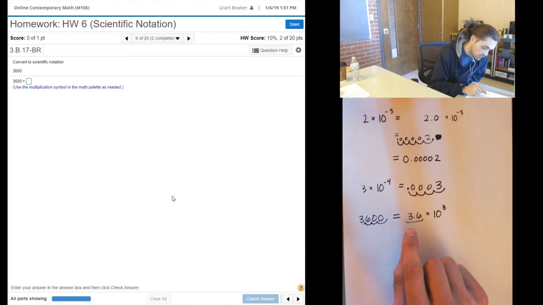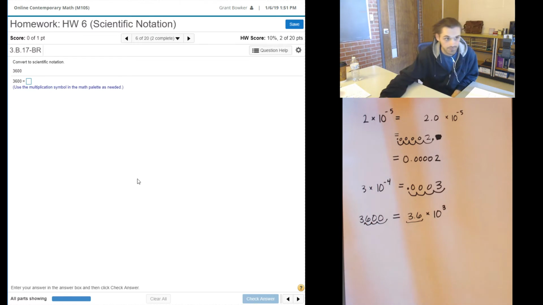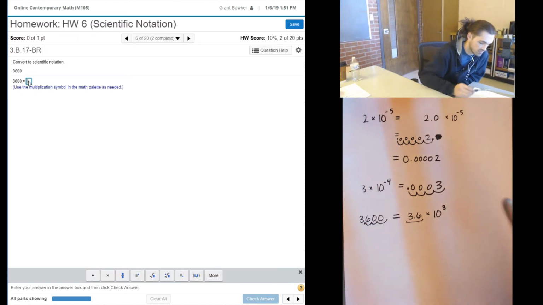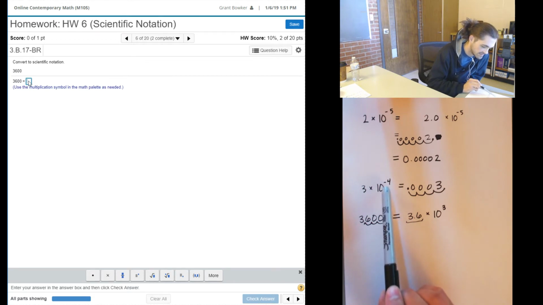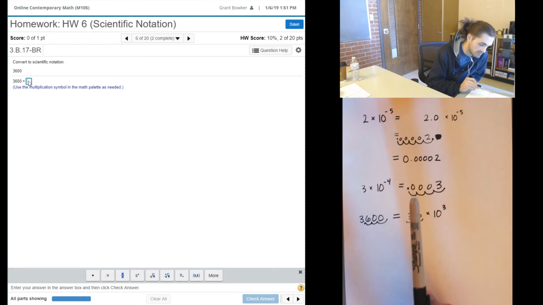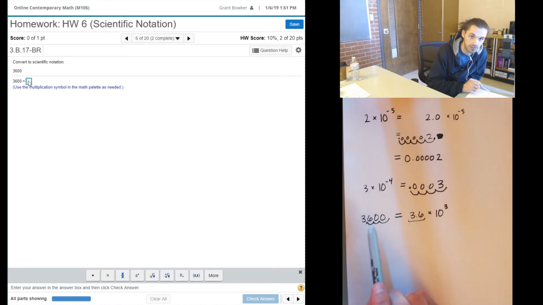And then you could contrast that example by multiplying 3.6 times 10 to the -3 and see that's no good. So really the best way to compartmentalize, is this exponent going to be negative or positive? It's a matter of inspecting your numbers, and 3.6 needs to get bigger to become 3,600, so it should be a positive exponent on the 10.